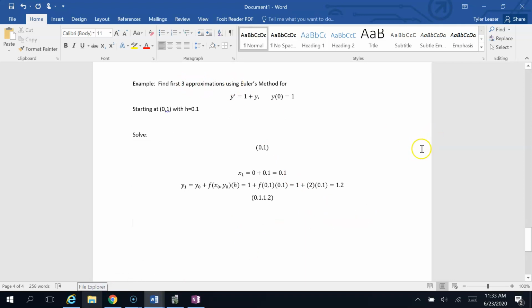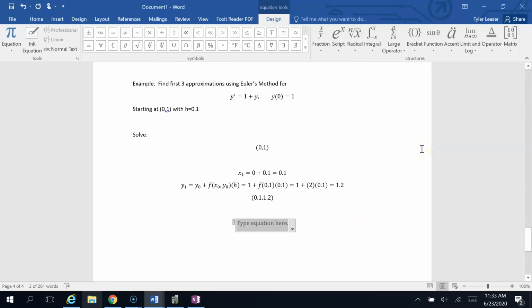Let's find the next two. So then my next approximation, x2, I get by taking the previous x value and adding the step size. So now we're at 0.2. The next y value I get, I'm not going to write the equation again, we'll just write this part. It's taking the previous y value, 1.2, plus plugging the previous point, (0.1, 1.2), into the right-hand side of the differential equation times the step size, 0.1.